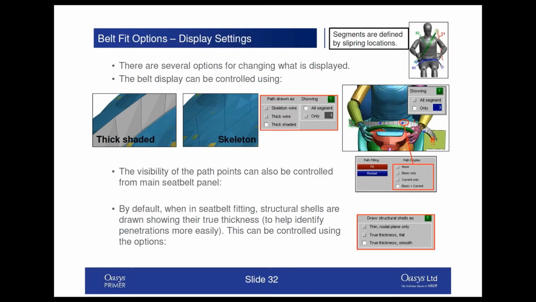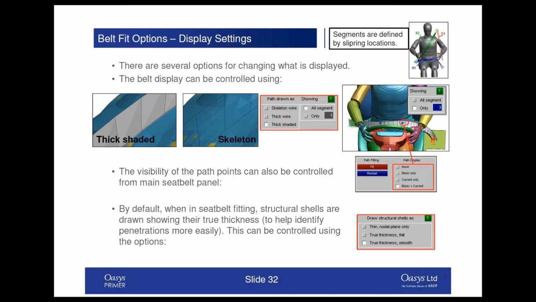Segment 1 is shown in red there, and that's from the retractor up to the shoulder slip ring. And segment 2 is across the chest in green between the 2 slip rings. And then segment 3 is the lap segment, and that spans between the buckle slip ring and the floor. So in the example we have here, I've chosen to show only segment 3, and that's why we can only see the lap portion of the belt.